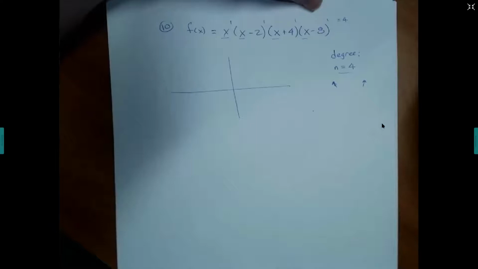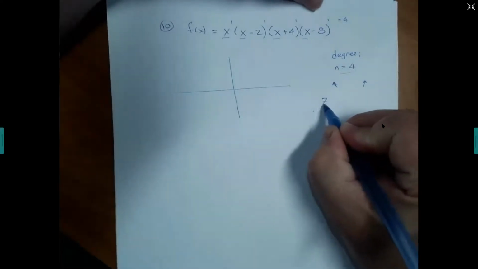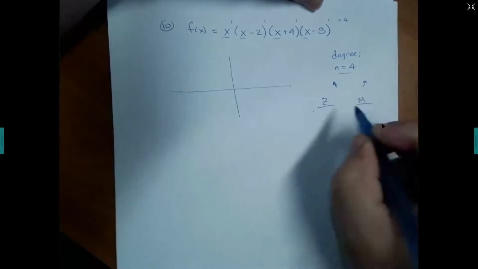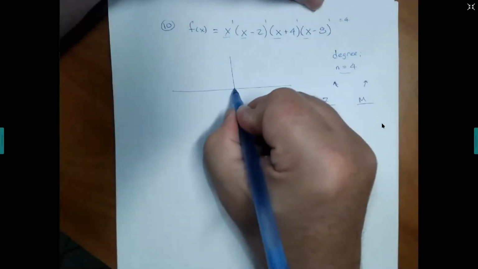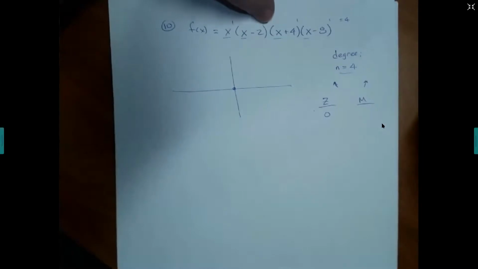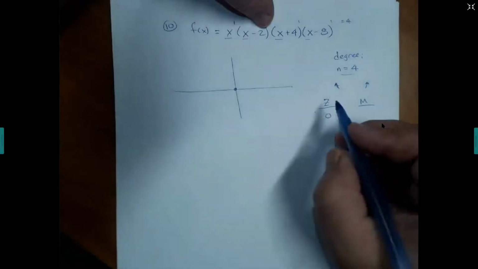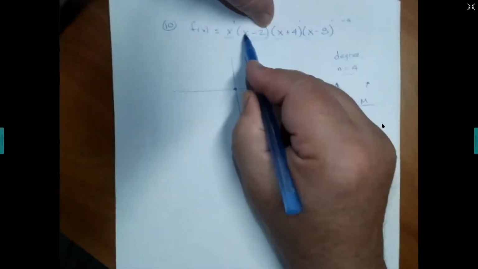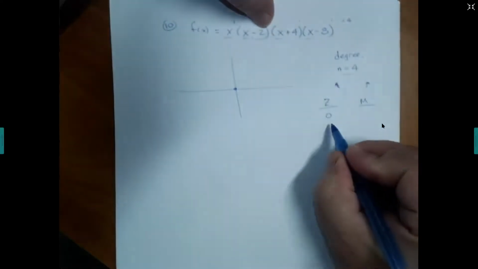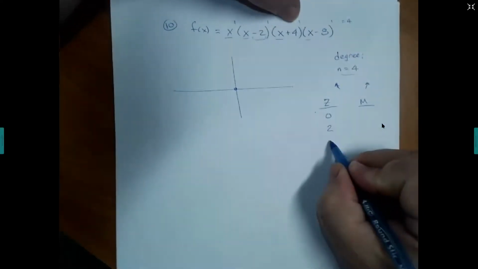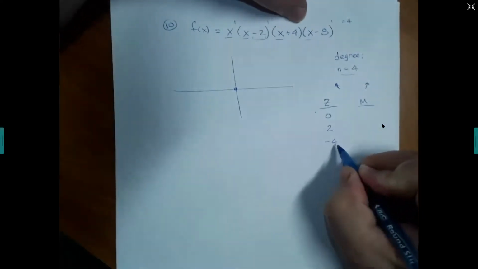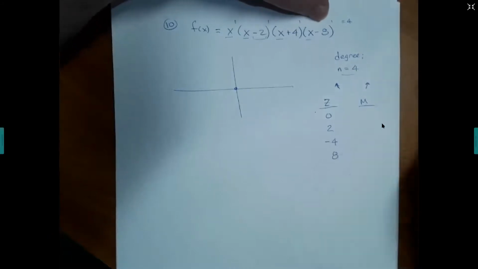All right. What are my zeros? So the first one's at 0, so it's a dot there. How about the next one? Yeah, remember, it's always opposite. If the x is by itself, it's always the opposite of what's in there. So it's 2, -4, and 8.